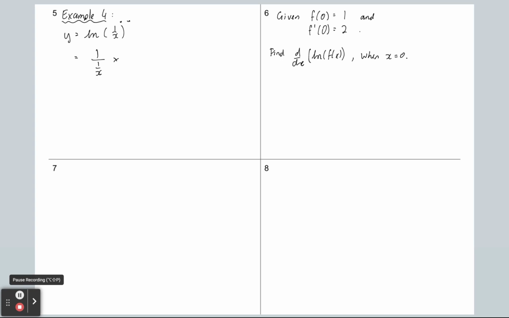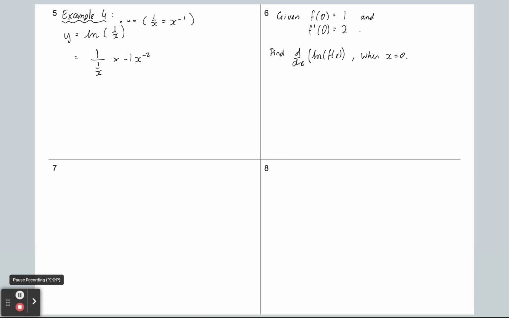And just a reminder, I should have done this beforehand, 1 on x equals x to the negative 1. And so we're going to have negative 1 x to the negative 2. So I've used the chain rule again to find the derivative of the whole, there it is, and then the derivative of the inside, and there it is.